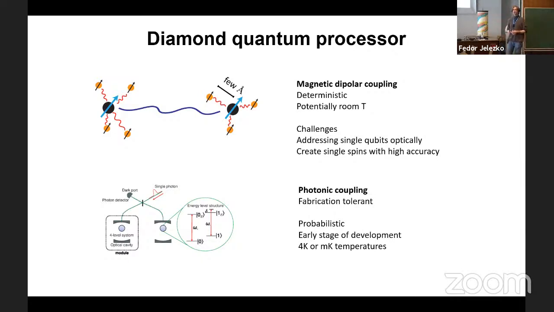For other color centers of this type, germanium and tin, it might work also at 4 Kelvin. All right, so I think with this I conclude, and we will continue tomorrow with applications of NV centers in sensing.